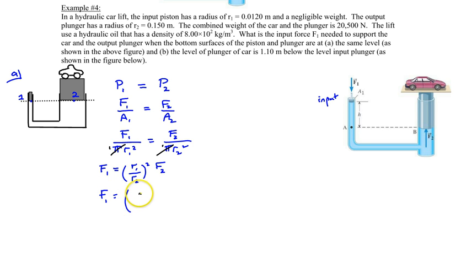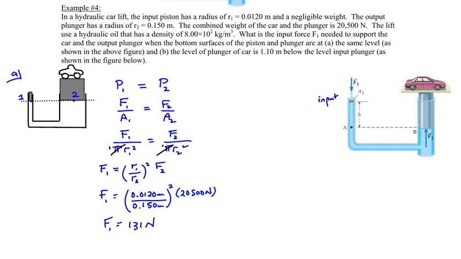R1 is 0.012 meters, and R2 is 0.15 meters, squared, multiplied by the combined weight of the car and the plunger, which is 20,500 newtons. This comes out to a force of approximately 131 newtons.